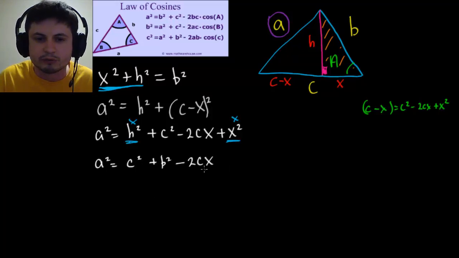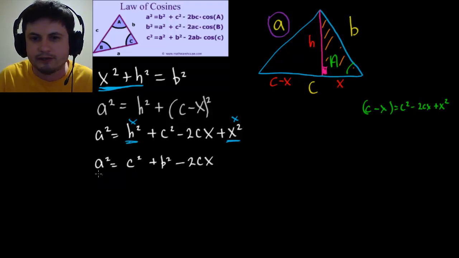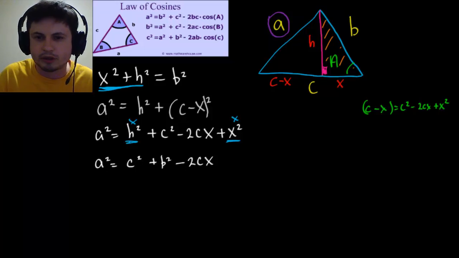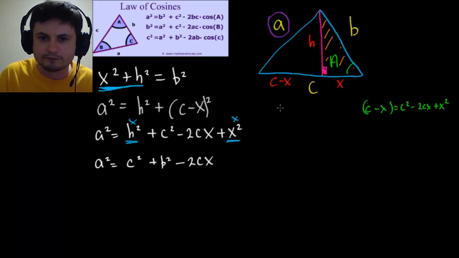But what is x? We don't really know what x is, right? We know what c is. C is a side, b is a side, a is a side. So what is x? How do we actually change this? Well, this is where trigonometry comes in, specifically the cosines. If you look at this closer, cosine of A, which is cosine of this angle right here, equals what?